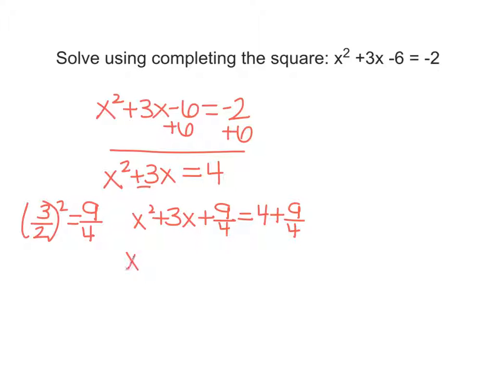Four plus 9/4 is going to be equal to 4 plus 2 1/4, which is 6 1/4.